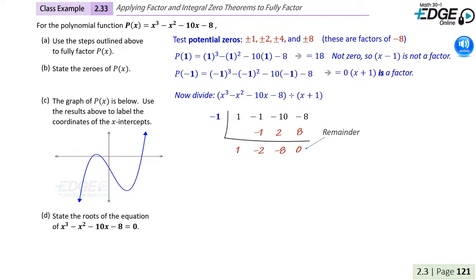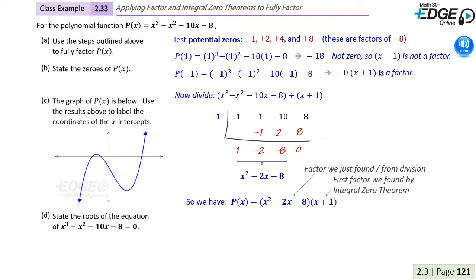After performing our synthetic division, we confirm the remainder of 0, meaning we did in fact divide out a factor, and our remaining quotient will give us the quadratic, x squared minus 2x minus 8. So presently, we have factored p of x as far as x squared minus 2x minus 8 and x plus 1.